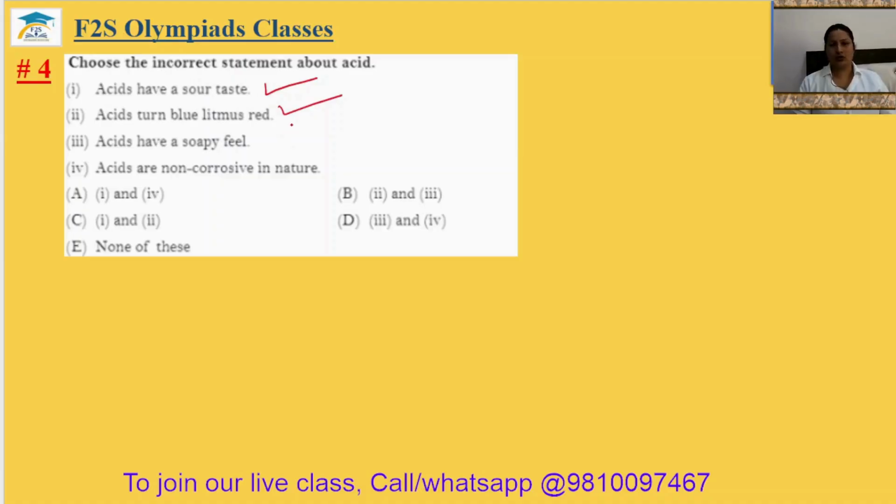No, bases have a soapy feel. Okay. Acids are non-corrosive in nature. No, they are corrosive in nature. They can destroy metal. Right? Some strong acids can destroy metal also. So that's why the third and fourth are not correct. The fourth answer will be option D.